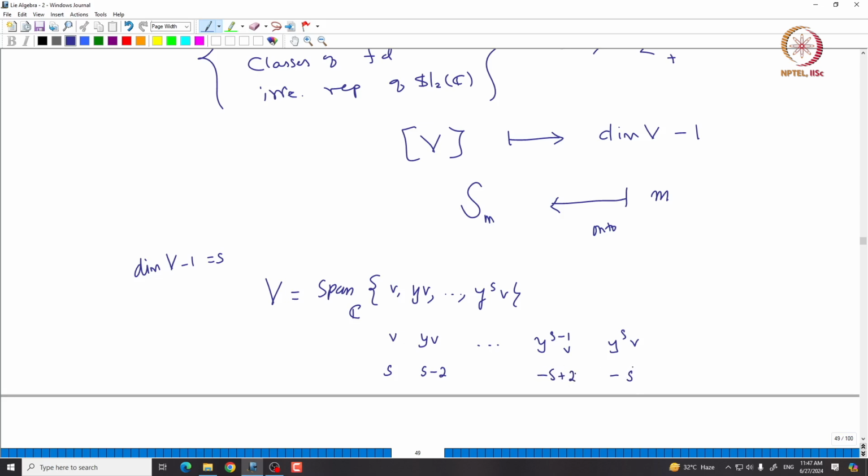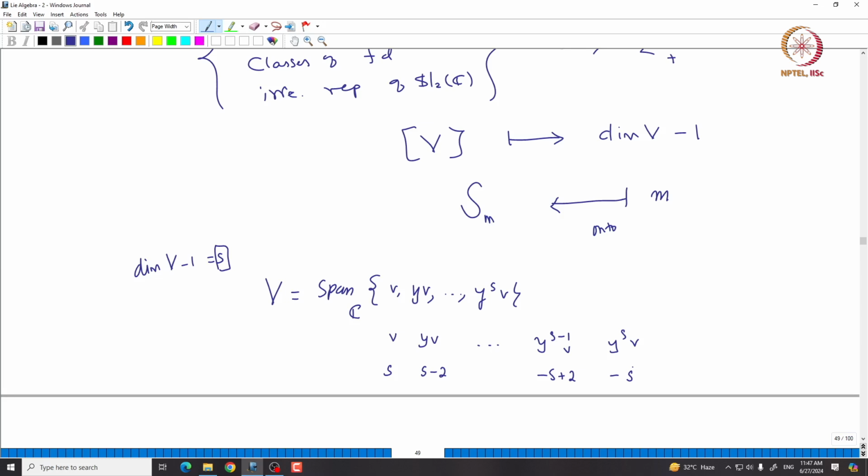Now it is not very hard to prove that if the dimensions match, then the corresponding maximal eigenvalue, the highest weight, will match.